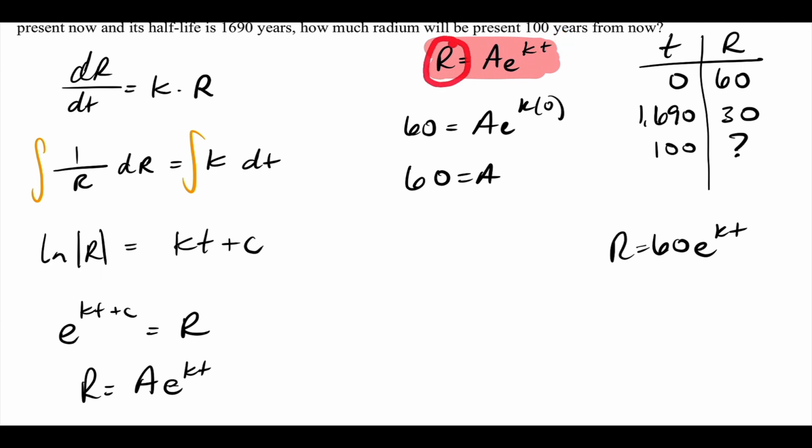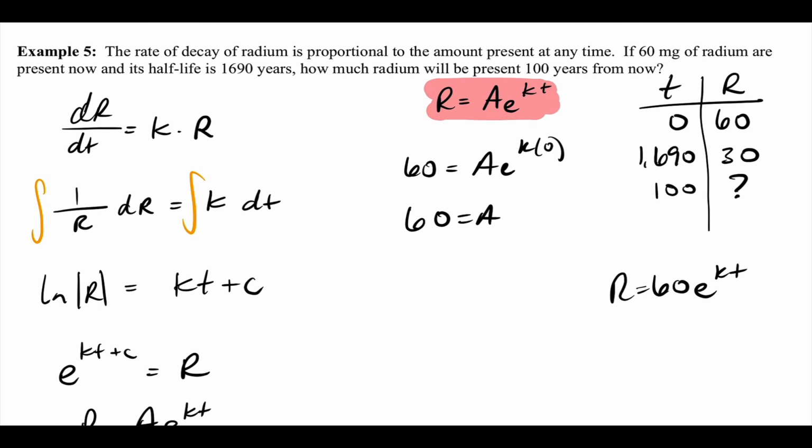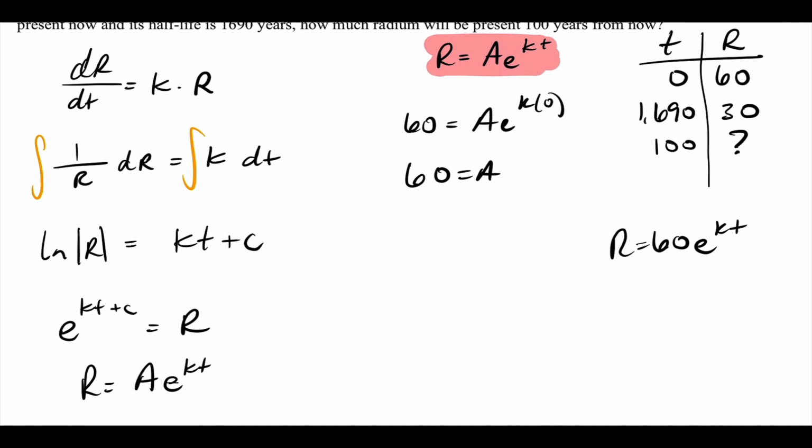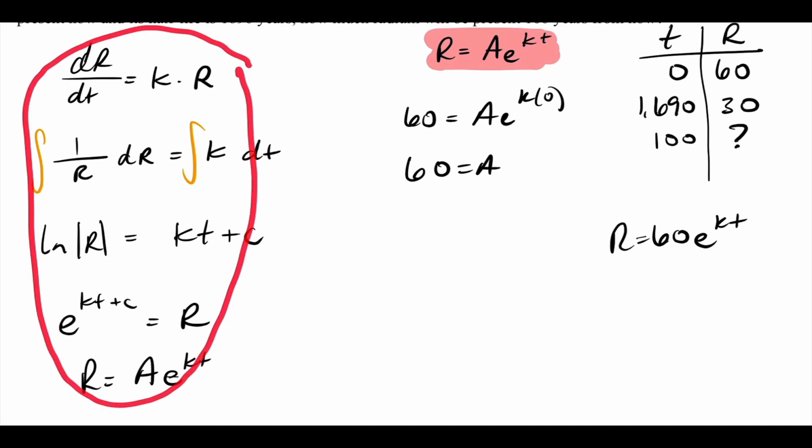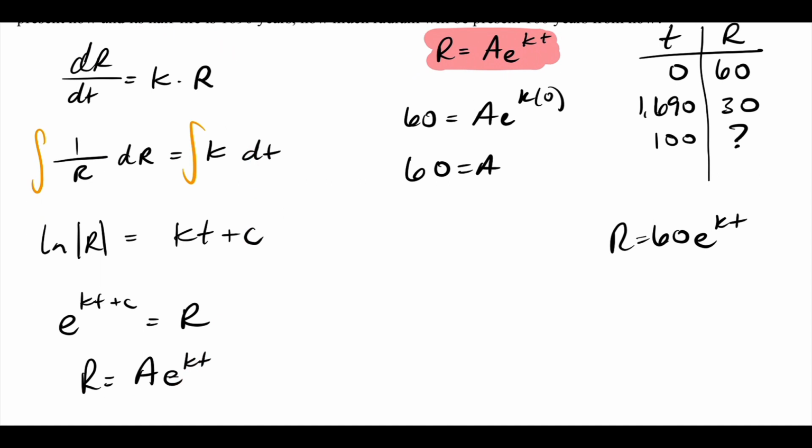This one's a radium question, so this one's R, but it might be different. But if you separate here, you're always going to end up with this. So this part is optional for these problems from now on. Sometimes it helps because it gets the ball rolling, but you don't have to do it because we always end up with the same thing.